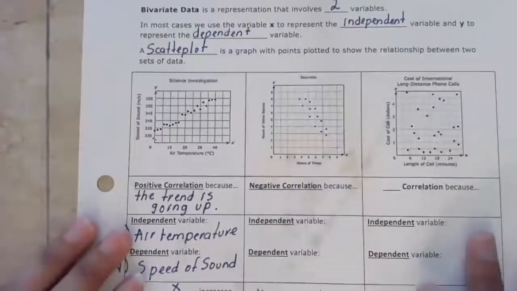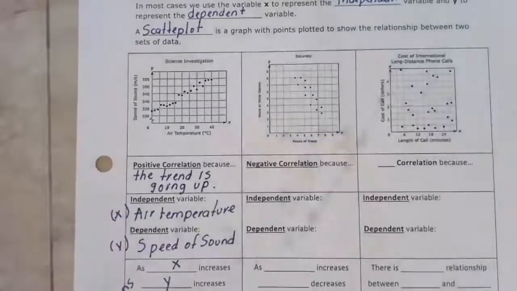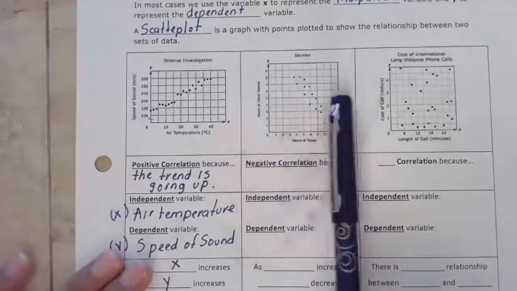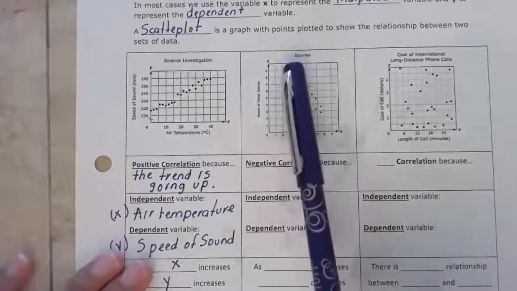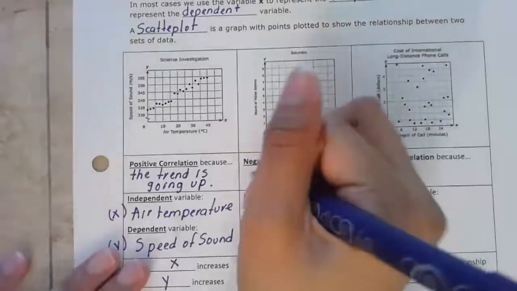Let's look at the second scatter plot. The second scatter plot is an example of a negative correlation because as we read the graph from left to right, you could see that the points are decreasing. So the trend goes down.